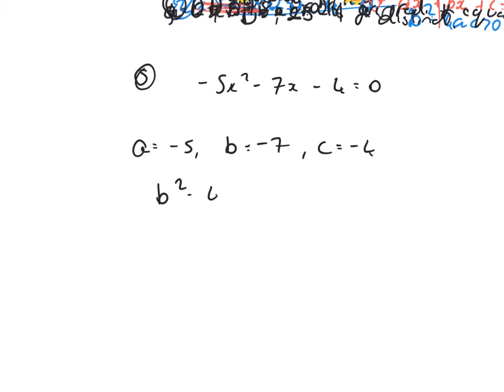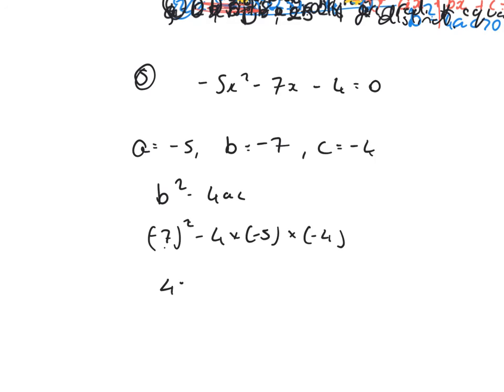Okay, b squared minus 4ac. So b is minus 7, so it's minus 7 all squared, wrap in a bracket. Minus 4 times a, which is minus 5, times c, which is minus 4. And notice I'm making good use of these brackets when I've got negative numbers to keep everything organised and clear.